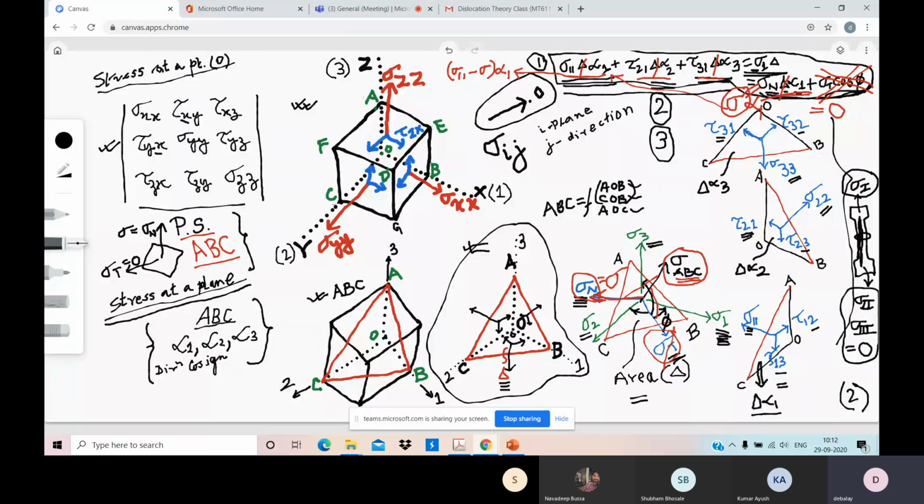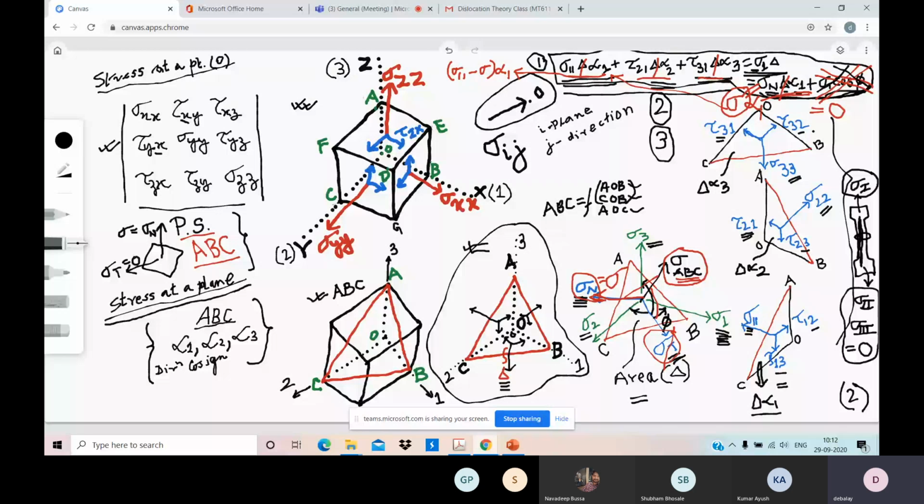So if the plane is a principal plane where there is no shear stress, then the shear term cancels out. We crossed the shear terms and made that 0. So now the entire stress is acting as normal stress, so we can write sigma n equal to sigma. So basically the stress acting on that plane is perpendicular to the plane, along the plane normal.